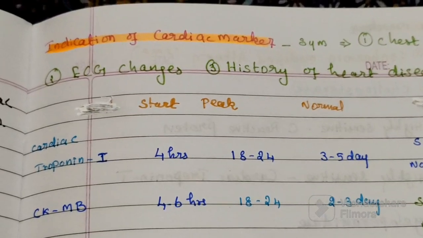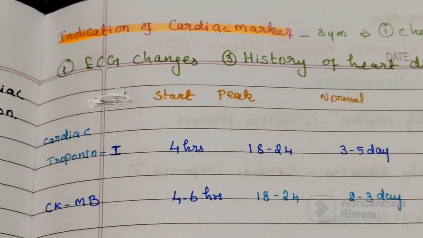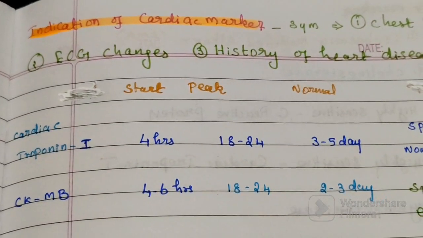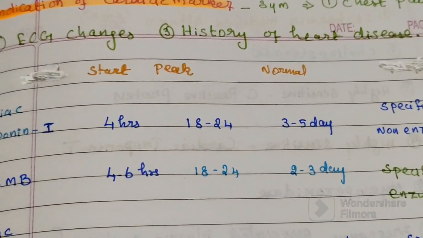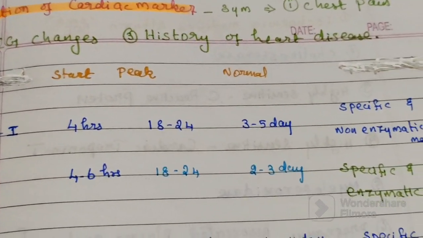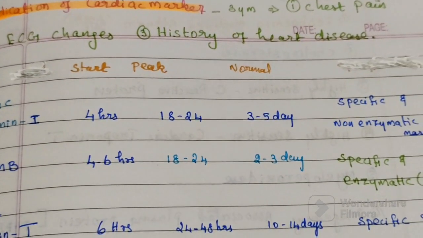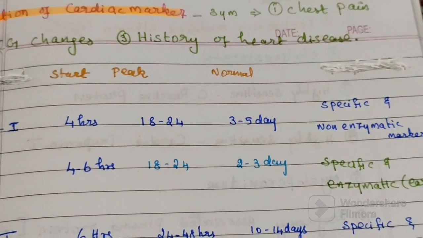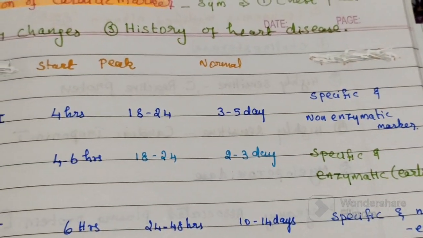It starts rising 4 hours after myocardial injury, peaks at 18 to 24 hours, and returns to normal by 3 to 5 days. This is the specific marker for acute myocardial infarction, and it is a non-enzymatic marker. It is a regulatory protein.